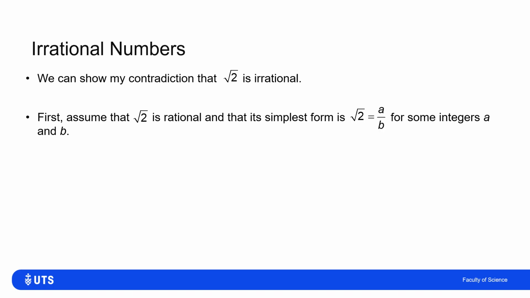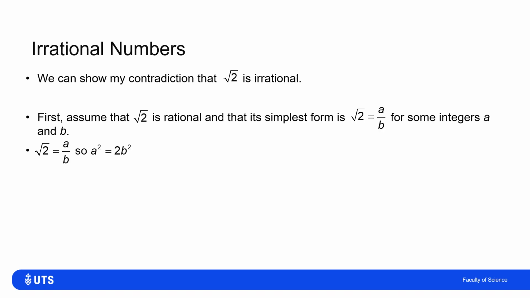So to show that root 2 is irrational, I start by assuming that root 2 is rational and that there are integers a and b such that a divided by b is equal to the square root of 2. And this is not just any a and b. I will assume that that is the simplest form of the rational number square root of 2.